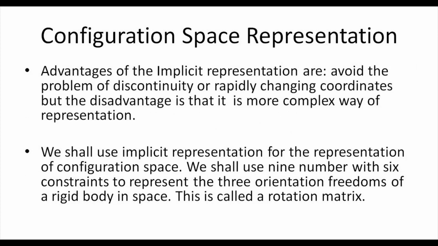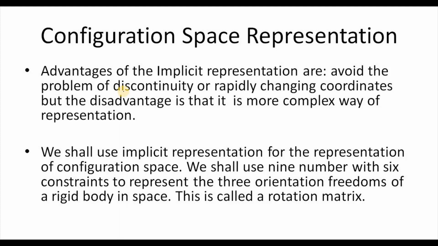Now we have already seen the advantages and disadvantages of the explicit parameterization, and now we see what are the advantages and disadvantages of using implicit representation of a configuration space. The advantage of implicit representation is that it avoids the problem of discontinuity.